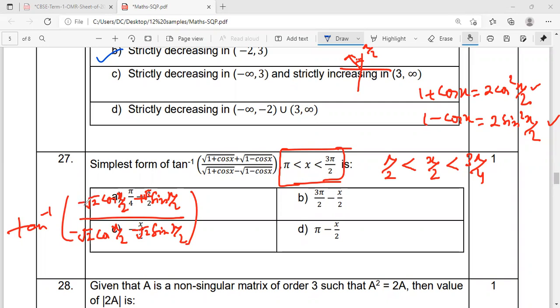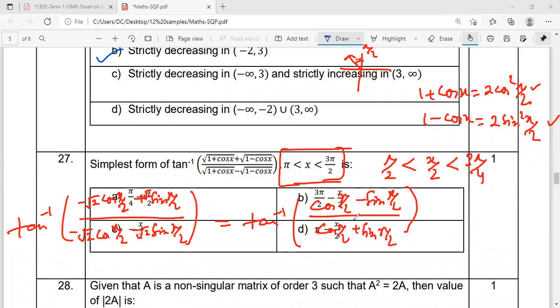So you can take negative common from both numerator and denominator and cancel. Take negative square root 2 common and cancel it, and you get tan inverse of, what do you get? Tan inverse of cos x by 2 minus sine x by 2 divided by cos x by 2 plus sine x by 2.